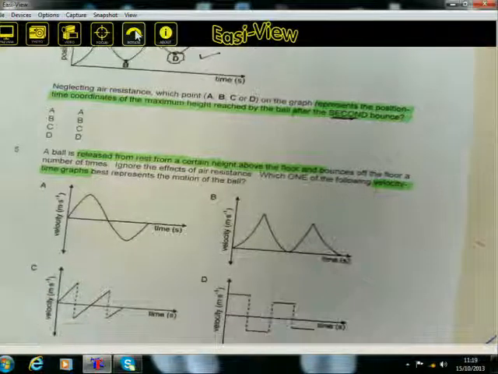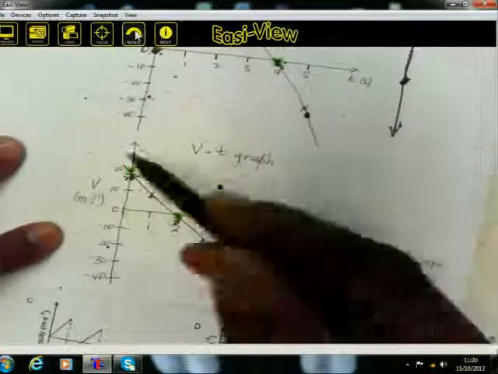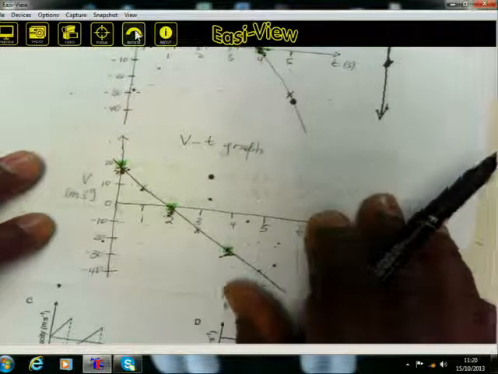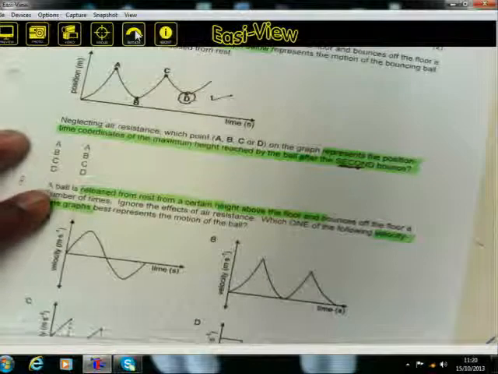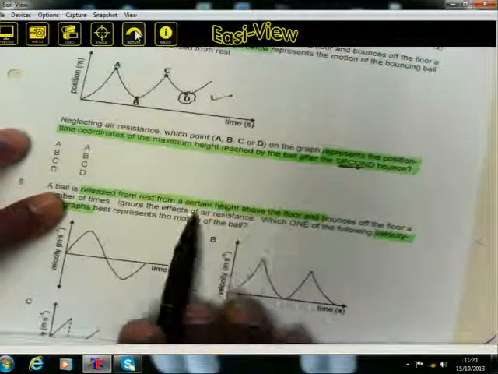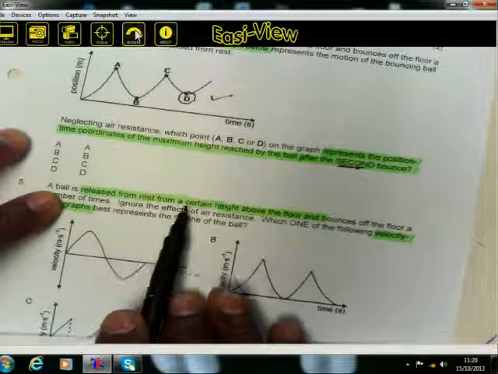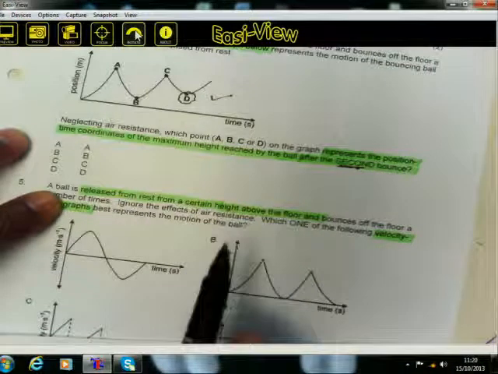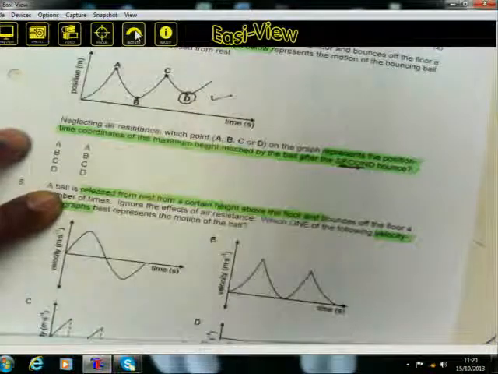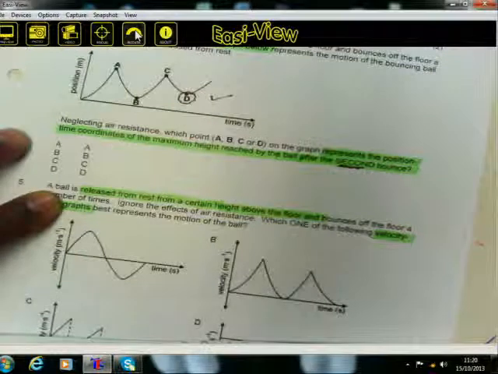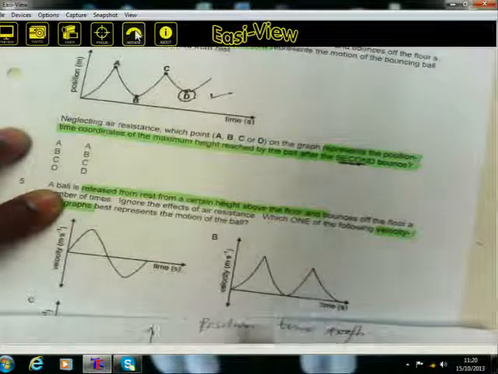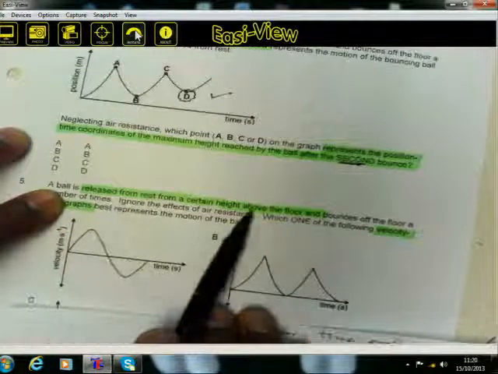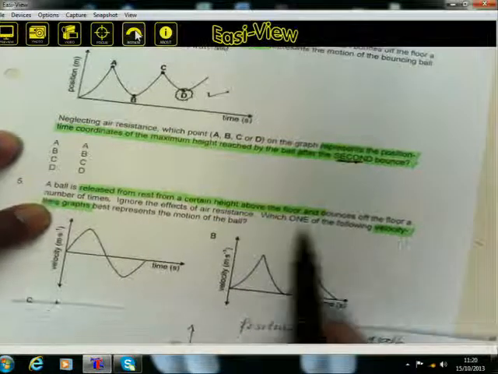Now we are looking at the velocity time graph. This is interesting because I will keep on referring back to this graph. This object is released from rest, so it's similar to the first one where the object is released from rest. But now we are concerned with the velocity time graph.